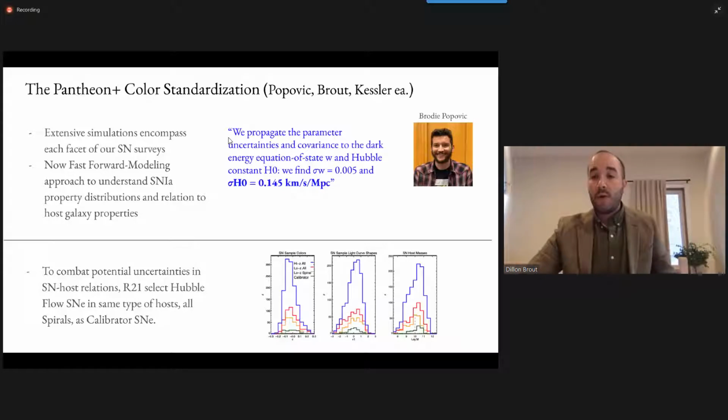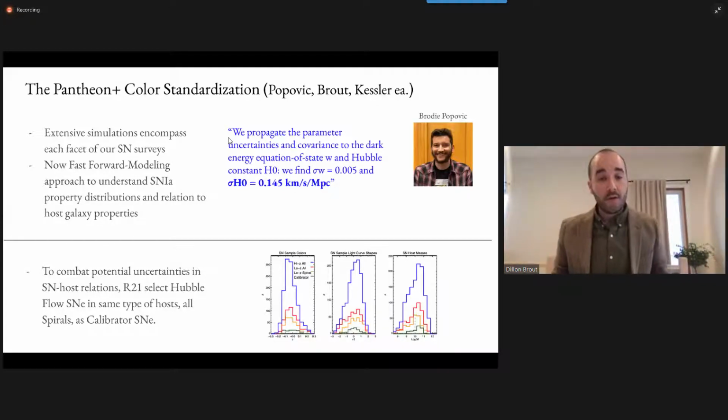And he applies them in a way that we haven't done in the past, which is by making use of some fast-forward modeling code that he developed. He is now able to apply these extensive simulations to fit the intrinsic properties of supernovae themselves and the relations to host galaxy properties. And he finds that when marginalizing over these possible relations and intrinsic variations, they add no more than 0.15 kilometers per second per megaparsec.